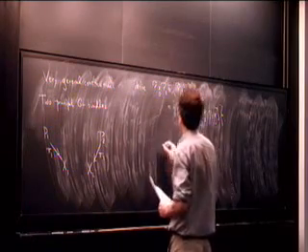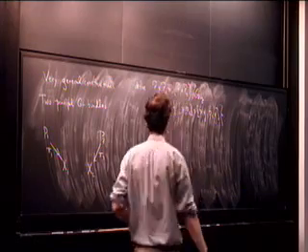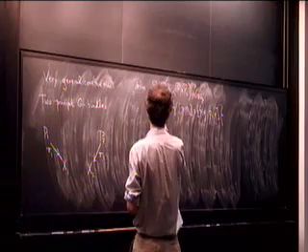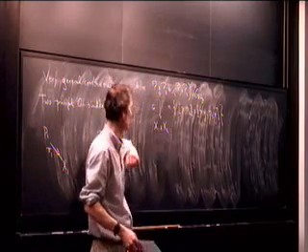Okay, now, observe that this certainly projects down to x1 times x2. And if you think about it, the fiber here is G. So this is a G bundle over x1 times x2.